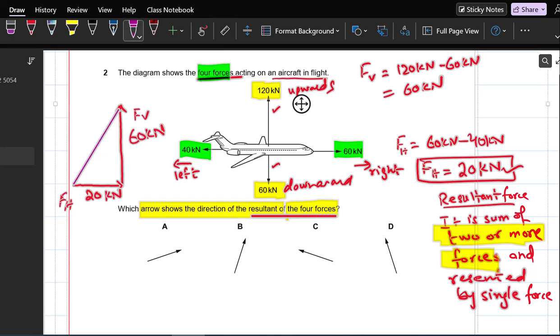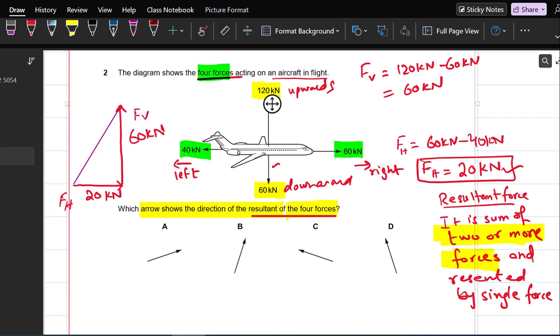So this is going to be the resultant force. In option A, the angle with the horizontal is very small, so it's not possible. Here in B, the angle is good, greater than option A. C is incorrect, D is incorrect, so B is the right option here.